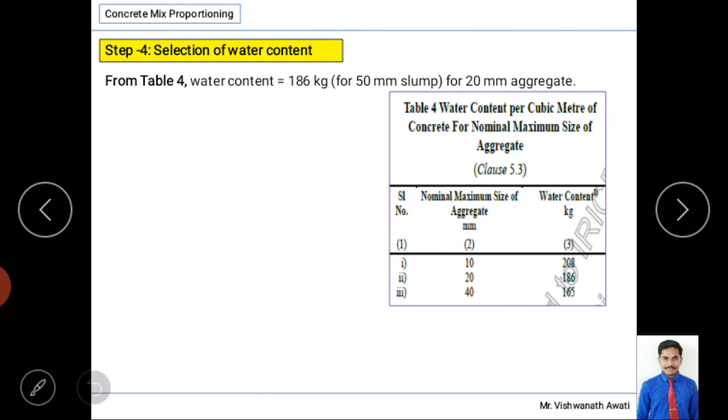Here it is Table 4, water content per cubic meter of concrete for nominal size of aggregate. The first column is the nominal maximum size of aggregate, and what is our given size? 20 mm. Next is water content, given in column 3. For 20 mm aggregate we can get approximately 186, but it is only for 50 mm slump.